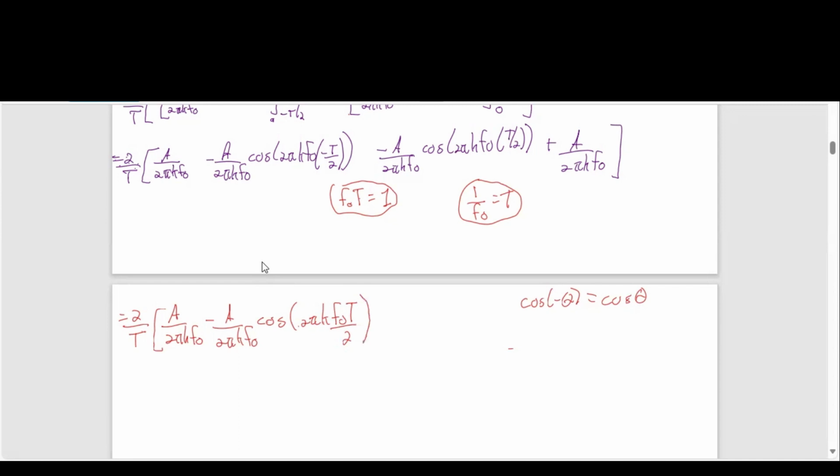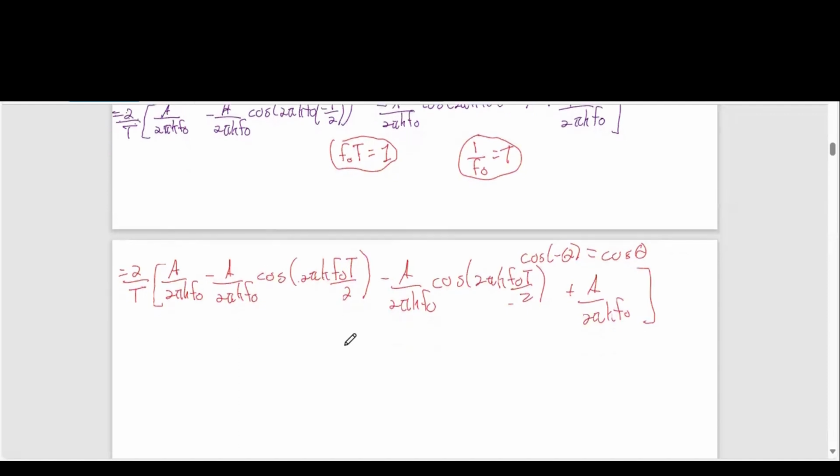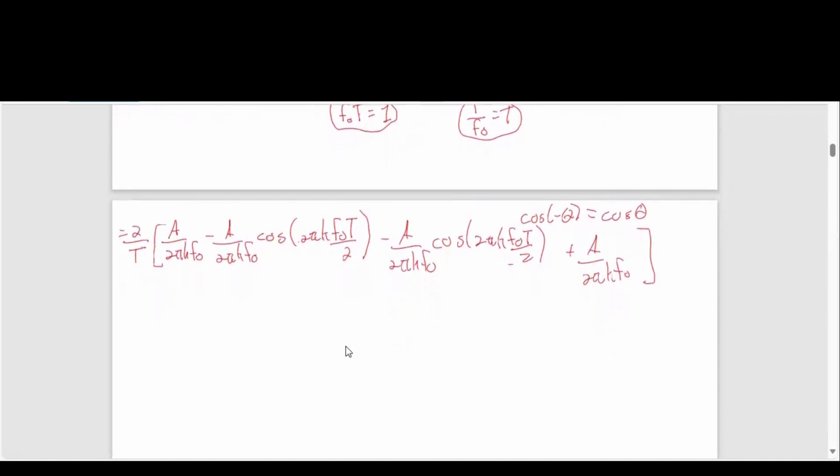And then for the next piece, now we have minus a on 2 pi k f naught cos, and same thing here, 2 pi k f naught. This one has no minus, so that'll be t on 2. And plus the a on 2 pi k f naught. And you put back the big bracket. So now we can notice that this 2 will cancel with the 2, and this f naught times t and this f naught times t will give me 1.